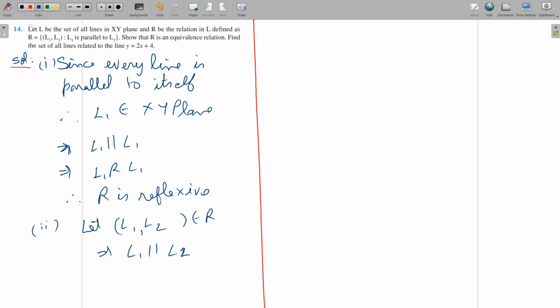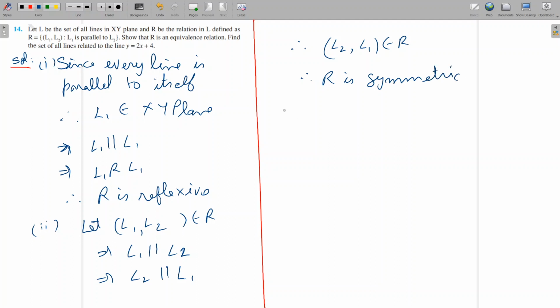But we know that if L1 is parallel to L2, then L2 is parallel to L1. Therefore the ordered pair (L2, L1) belongs to R, and therefore we can say that R is symmetric. So we have also got R as symmetric.